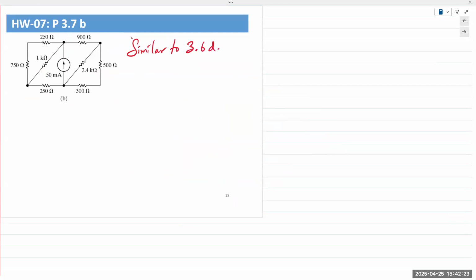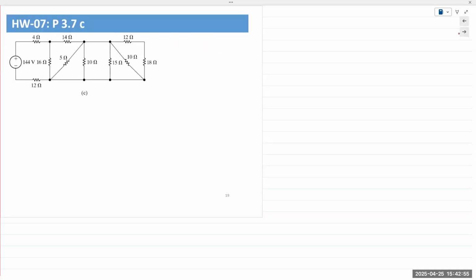All right, so proceed by removing the current source in there, obtain open terminals, determine REQ between those terminals, and then you can proceed. Make sense to everyone? Any questions? Okay. 3.7C is again similar to the earlier one that we saw, which was, I believe, 3.6B.